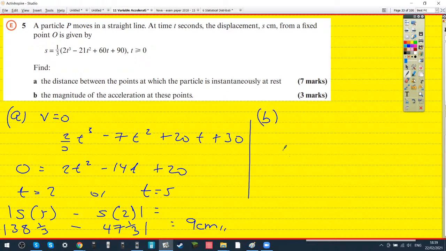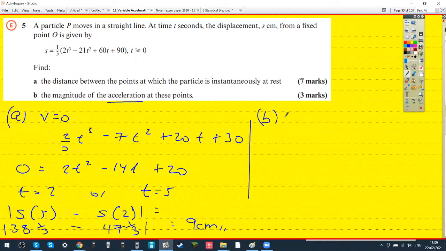Am I now doing 47 and a third squared plus 38 and a third squared all square rooted? No. Or is it? Oh, acceleration. So acceleration is the difference. I need to differentiate again first, don't I? Well done.